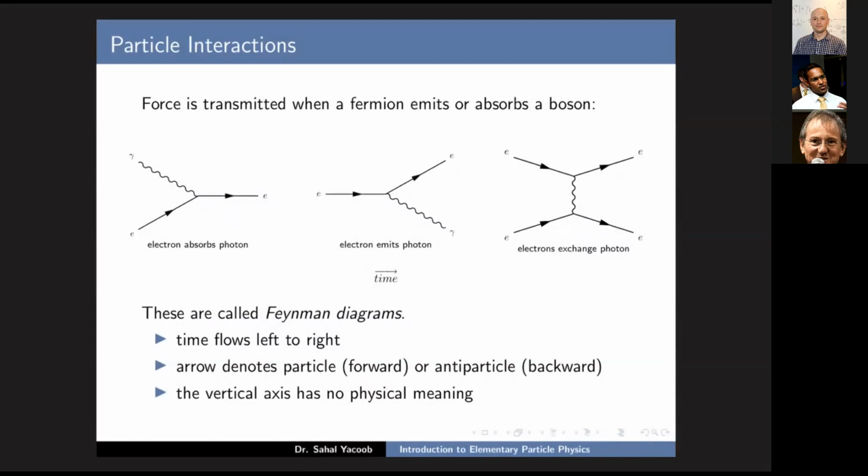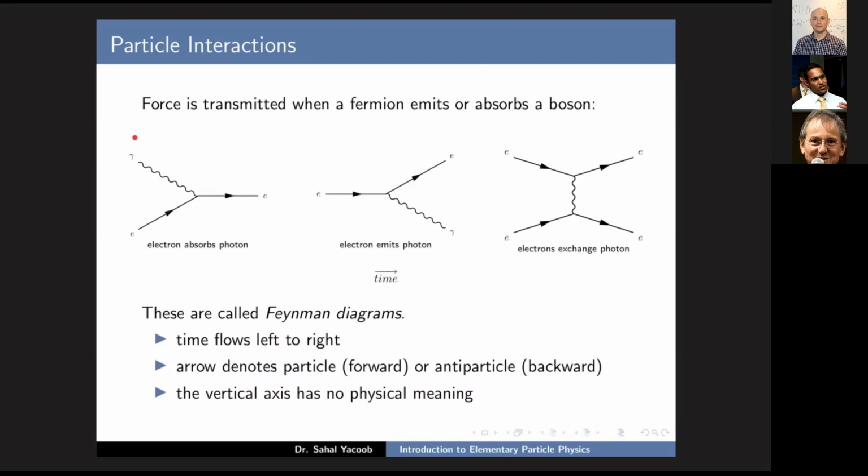Here we have a Feynman diagram with an electron absorbing a photon and becoming an excited electron. Here we have an electron emitting a photon and continuing on as an electron. And here we have the Feynman diagram for 2 electrons bouncing off each other by exchanging a photon.